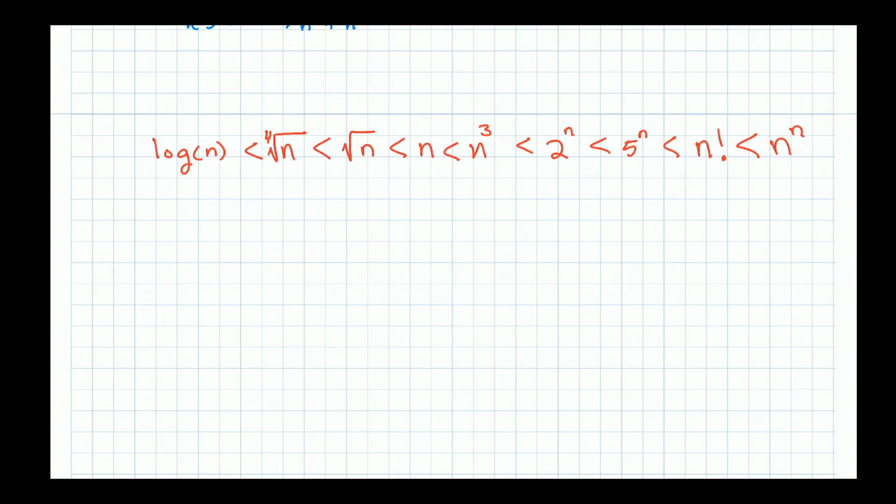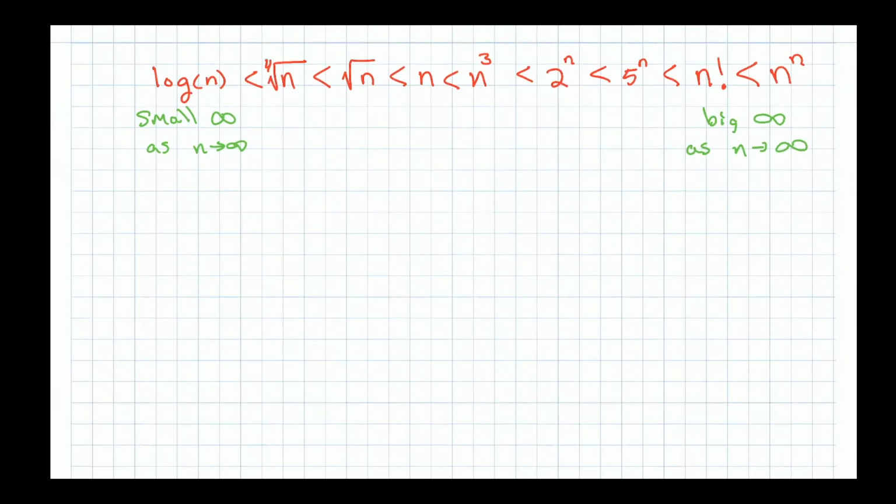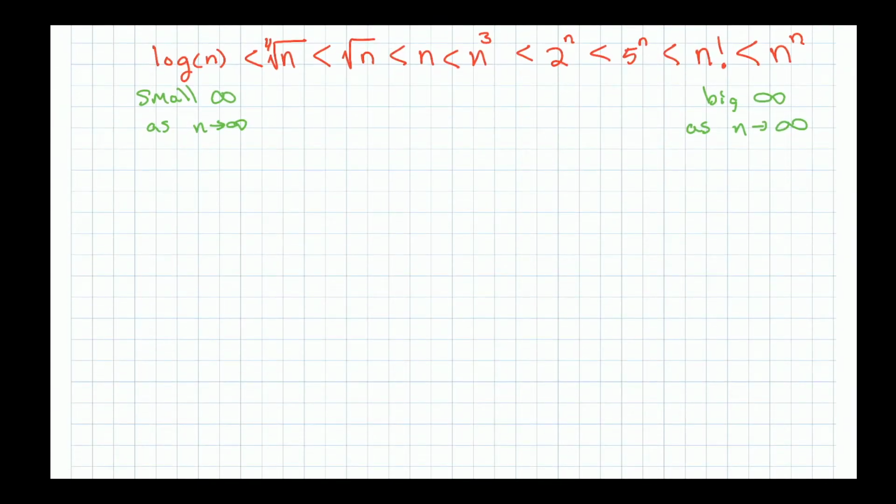All right, so that's the relative sizes of functions. Over on the left, you have small infinity as n goes to infinity, and over here you have big infinity as n goes to infinity. Those concepts will really help you evaluate limits a lot faster, and it's very useful.